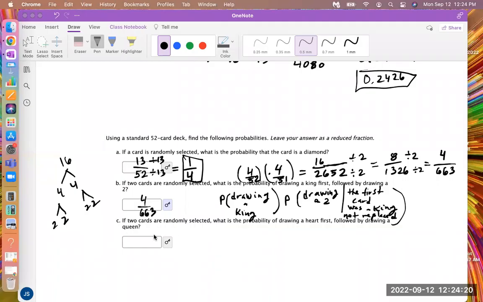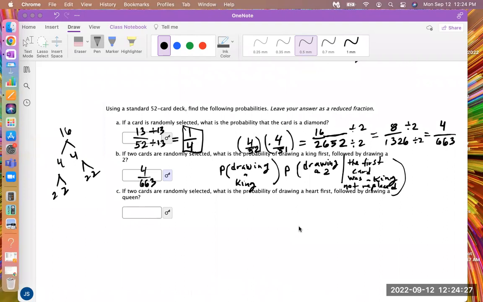Okay, the next one: if 2 cards are randomly selected, what is the probability of drawing a heart first, followed by drawing a queen? Now, this is the and equation again, because the first event is a heart, and the second event is a queen.